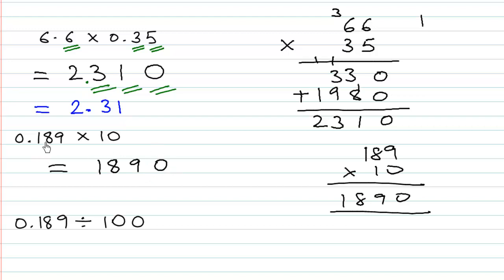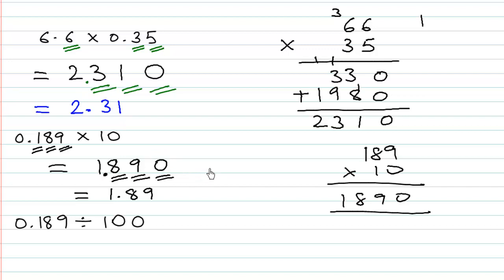But how many digits are there after the decimal point? We have 1, 2, 3. So we place the decimal point so that there are 3 places after the decimal point. Again, ignoring the last 0, the answer would be 1.89. Zeros after the decimal point can be ignored provided there is no other digit after that.